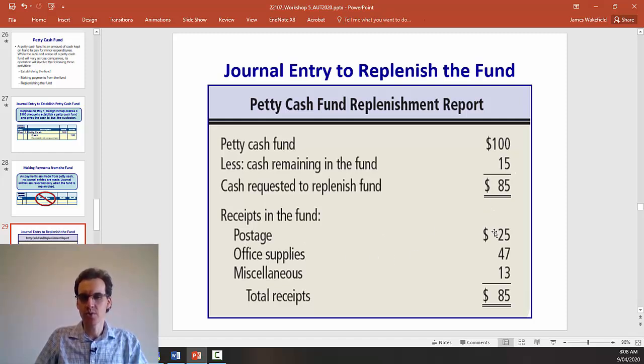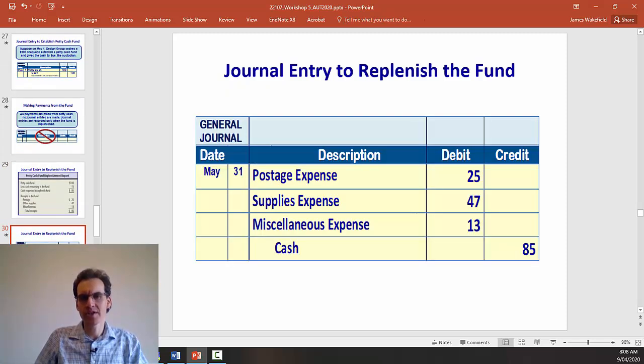In this case, we have postage for $25, office supplies for $45, and other things for $13. And all those things add up to $85, which is good, which basically means that we have used up $85 that exactly matches the cash that is missing from the petty cash fund and the amount we need to top it up by. So what do we do in order to top it up?